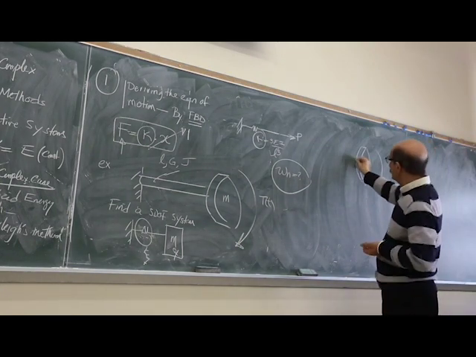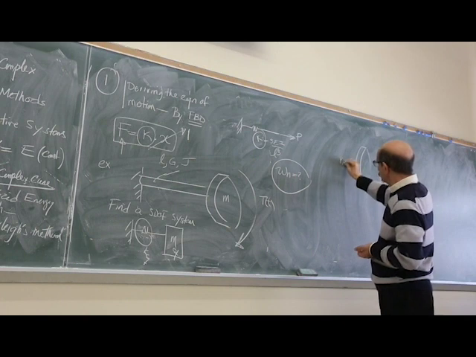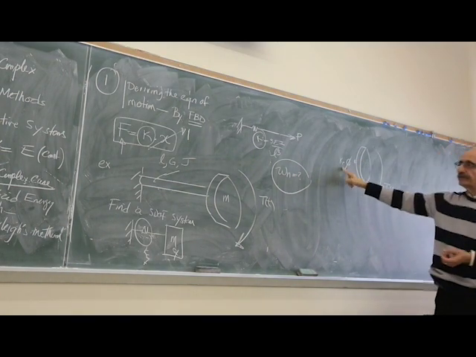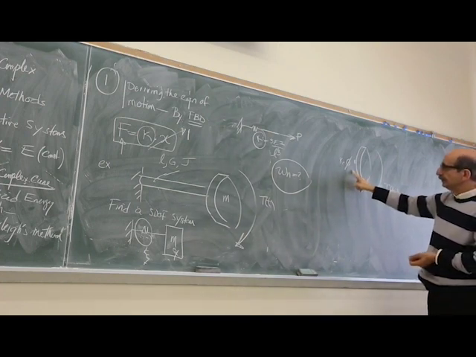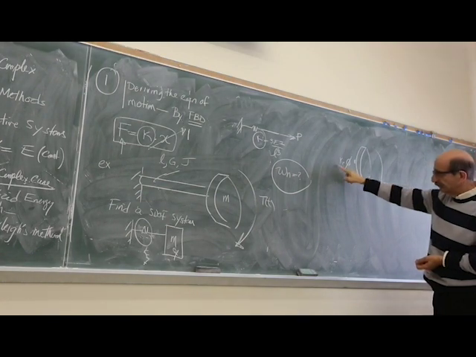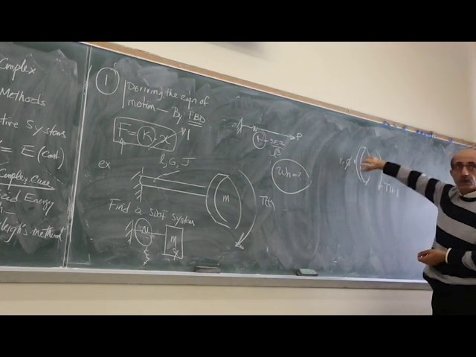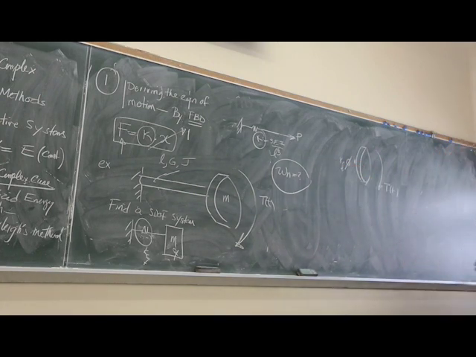What is resisting it is a torsional spring, in other words, some resistance, which is basically this shaft that's resisting the angular deformation, K sub T times phi, okay?